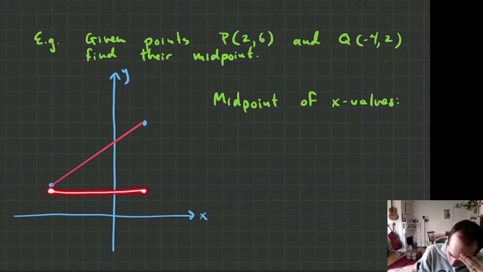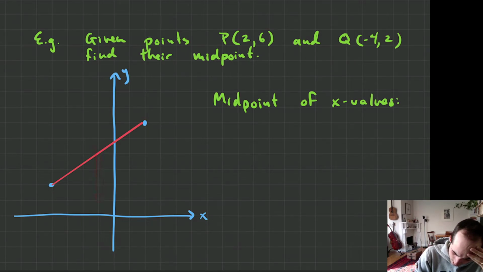If I take a look at the middle of that, this whole thing is 1, 2, 3, 4, 5, 6, six places from left to right. So my x values have a range of 6, going left and right over 6 values, which means that halfway would be 3 values. So that's my halfway point right there.